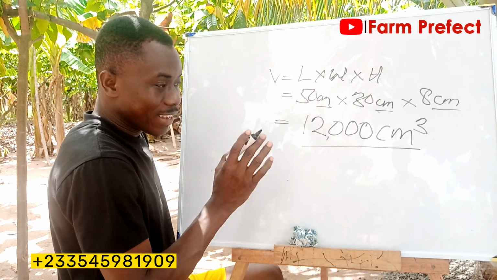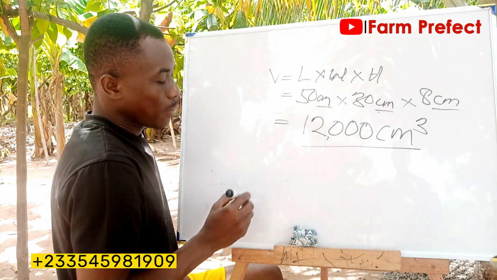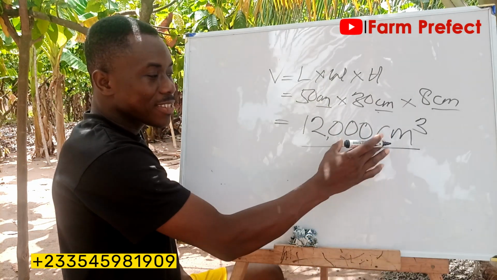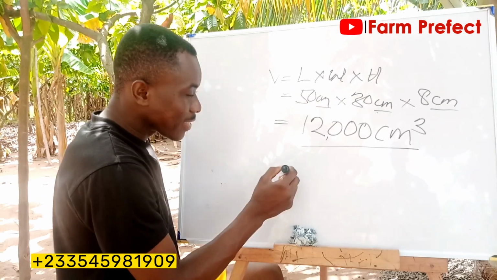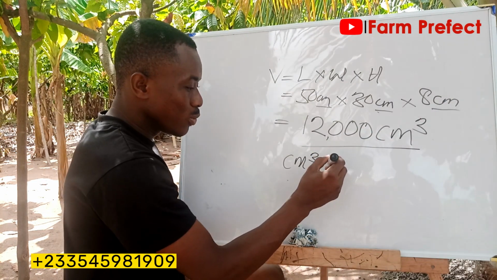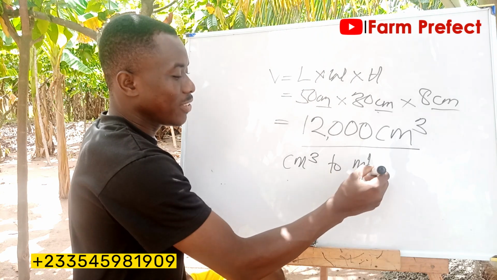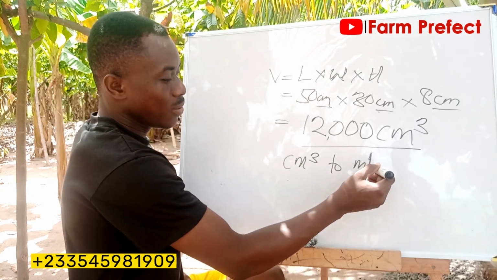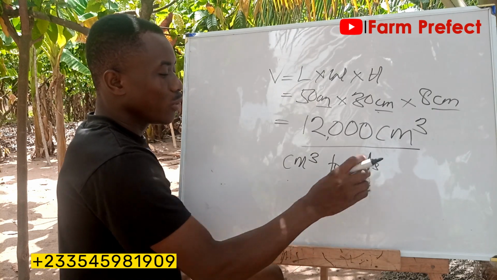We need to convert this figure to liters. Now, to convert this figure to liters, there are things we need to do. First, we have to convert the cm cube to milliliter, which we will call mils.